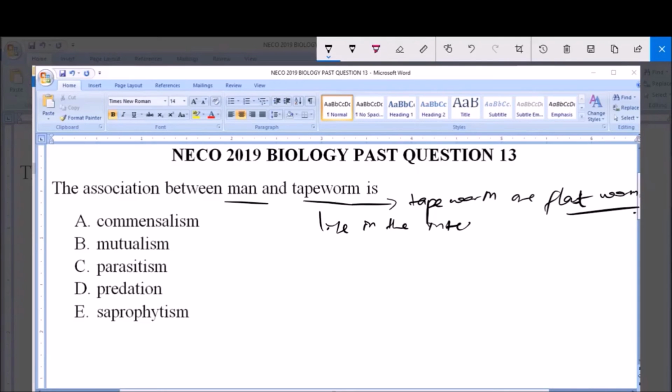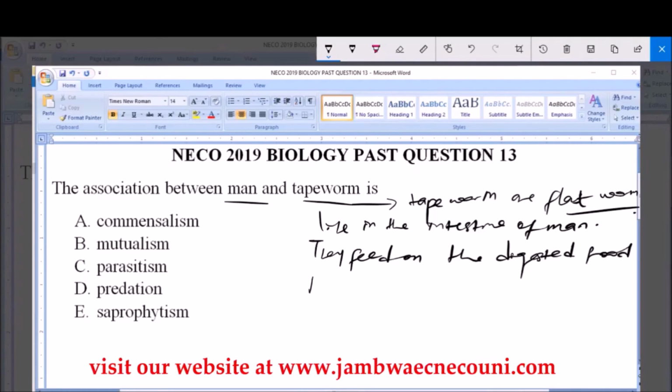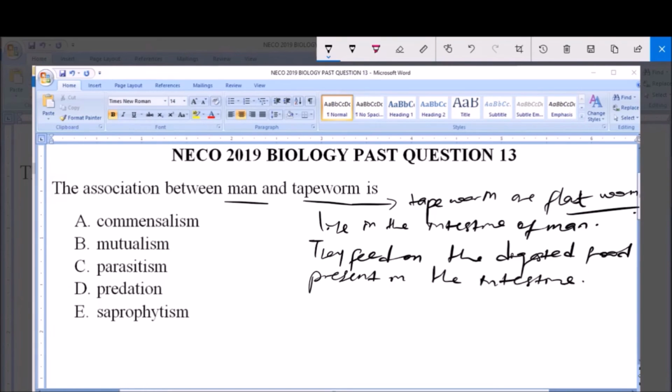Their activity in the gut of man is that they feed on the digested food present in the intestine. As they feed on this digested food, they take away all the nutritive substances and thereby also cause anemia in man.